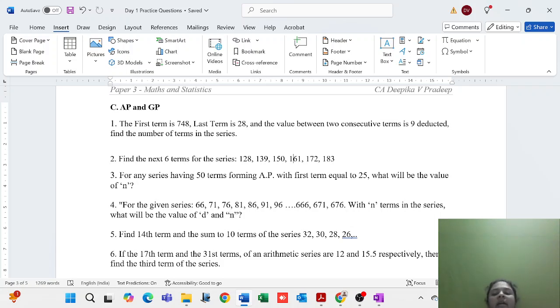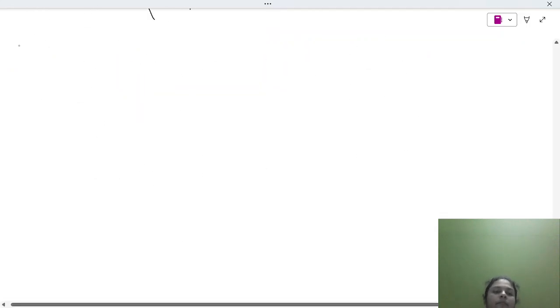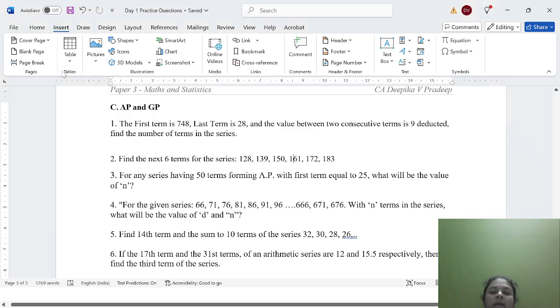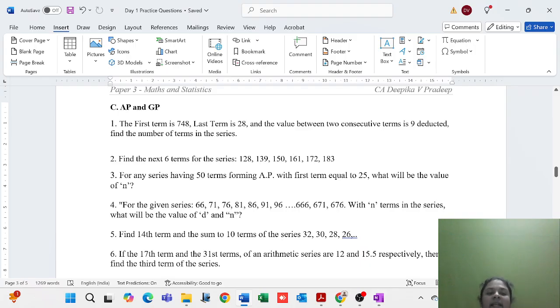Similarly, 150 minus 139 is also 11. So the gap remains uniform at 11. Therefore, the series follows an AP with D equal to 11. The first term is 128.